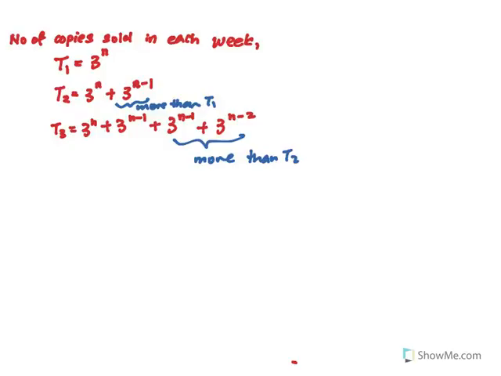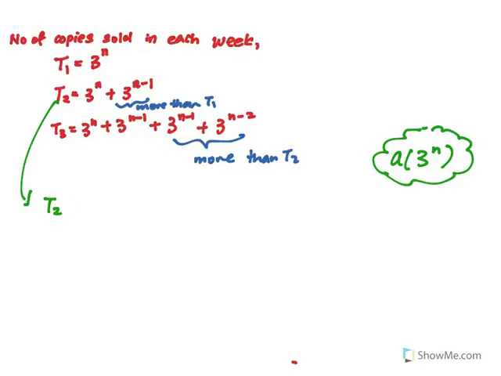Okay, how do I solve that? So the question tells me to simplify it in the form of a times 3 to the power of n. If I observe this, maybe I just look at my term 2. I'm thinking about simplifying to a times 3 to the power of n. Now, how do I do that? Maybe what I can do is factorize out 3 to the power of n. This term, if I factorize out 3 to the power of n, I'll get 1.